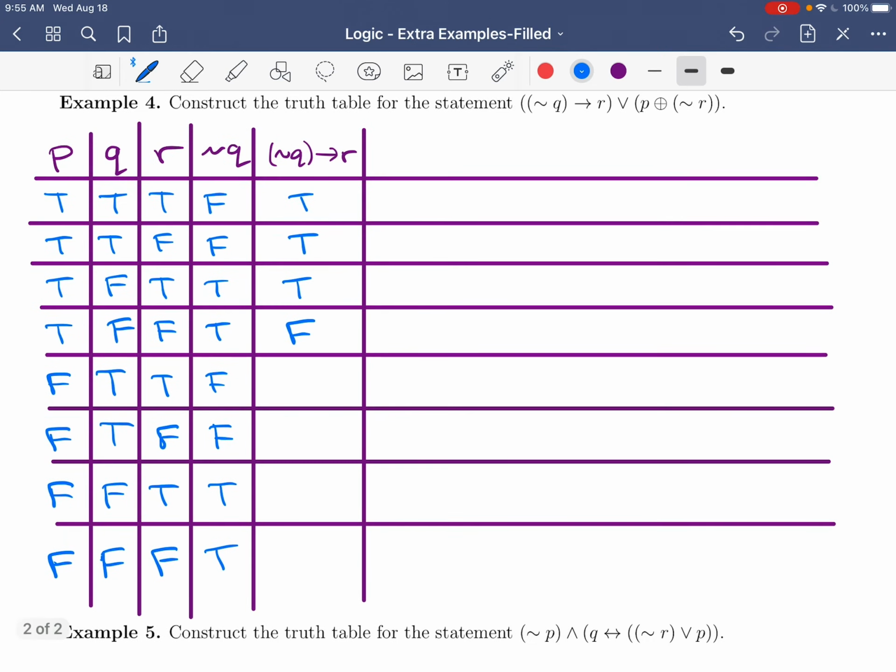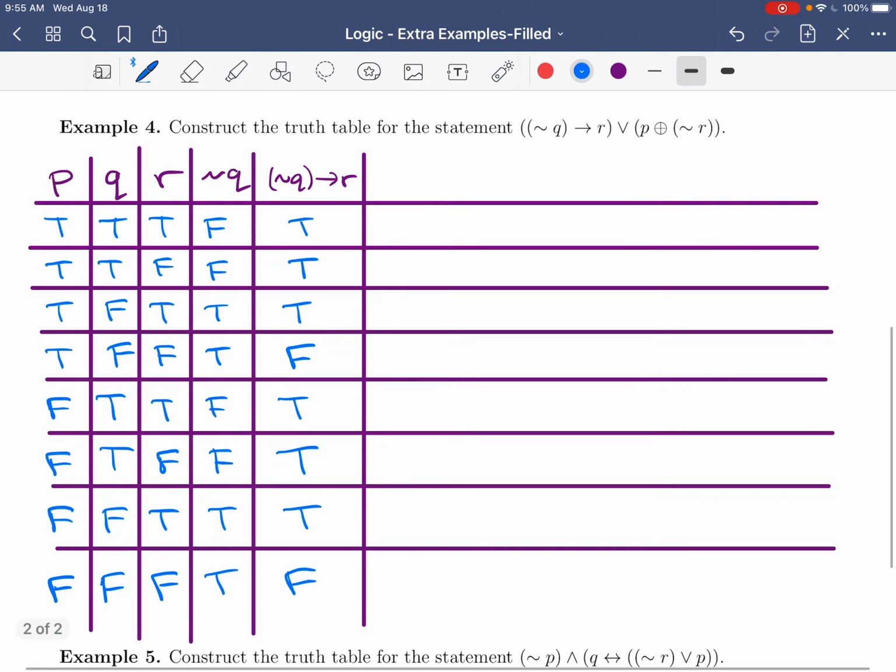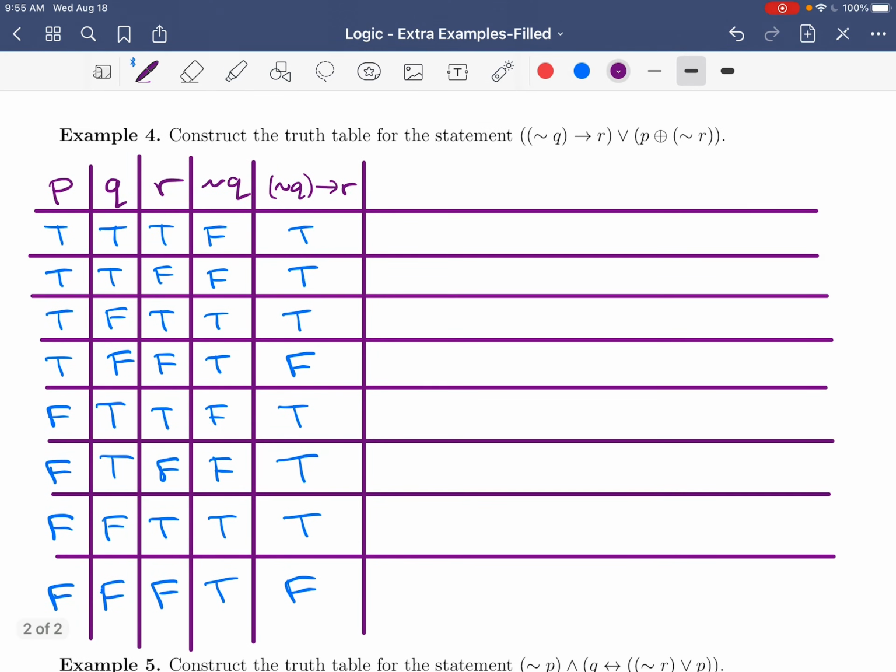The next 2, not Q is false, so that's immediately true. And then again I have true implies true, and then true implies false. Okay, so I get 2 rows where it's false. And then I see that I also need not R. Okay, so that's going to alternate starting with F.